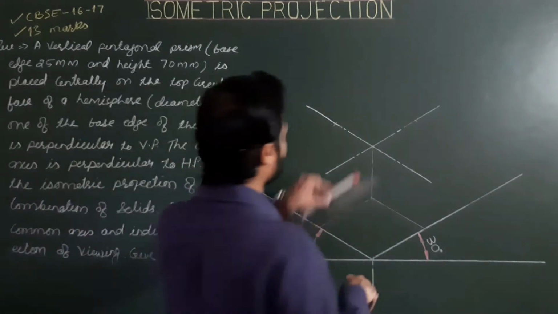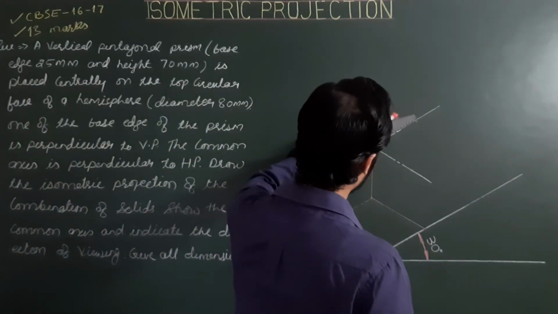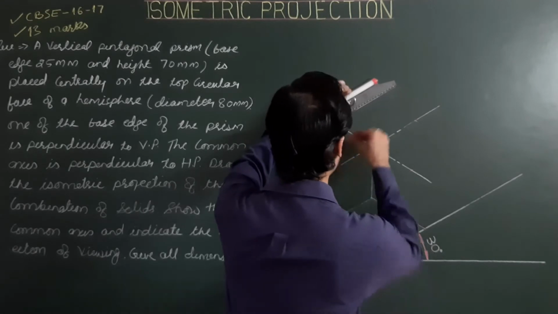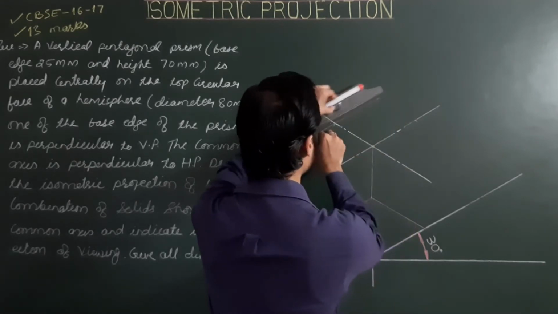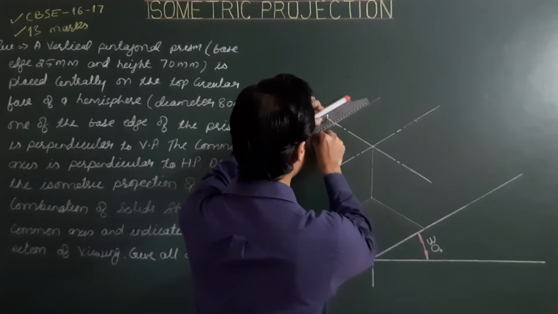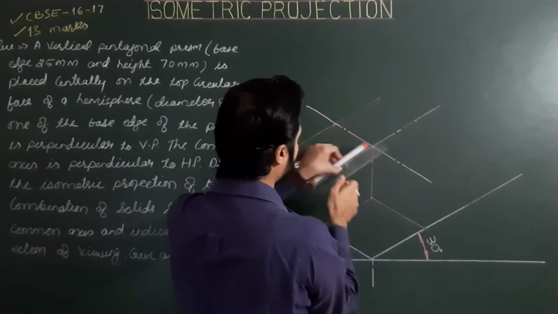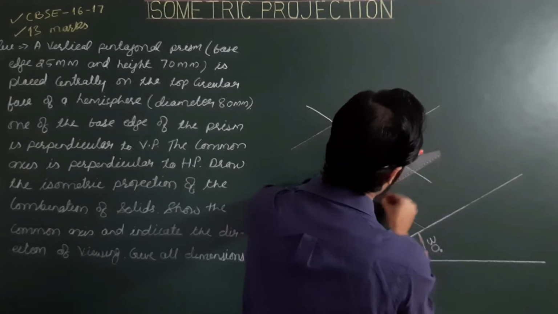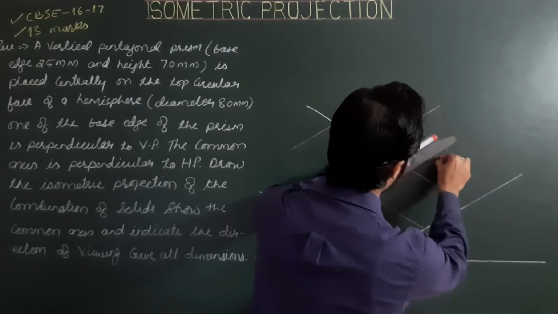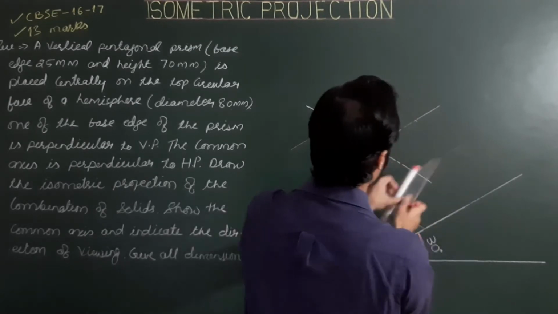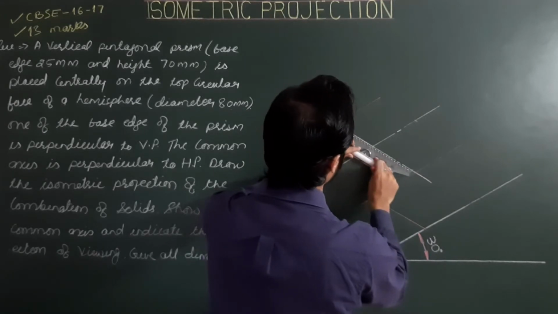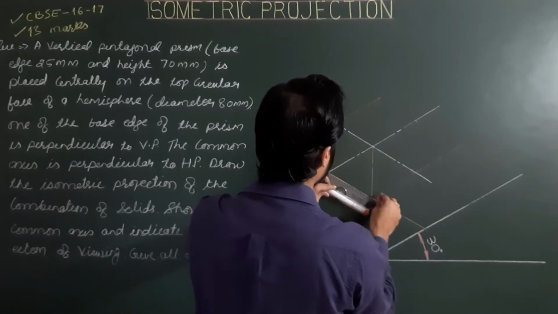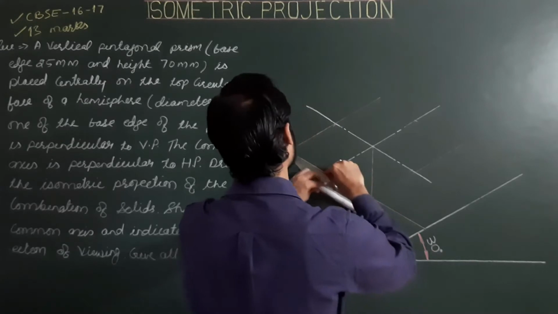Next, drawing lines from all 4 points parallel to the first and second iso-axis.